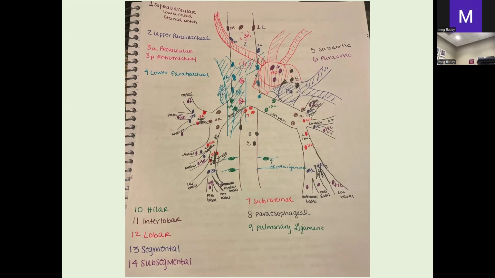And so those are all single digit numbers, and they're all in the mediastinum. And so that's how you remember. The mediastinal ones just move down and they're single digits. As you start to move out into the lungs and get more peripheral, that's when you're talking about double digits. And those move in order from 10 out.